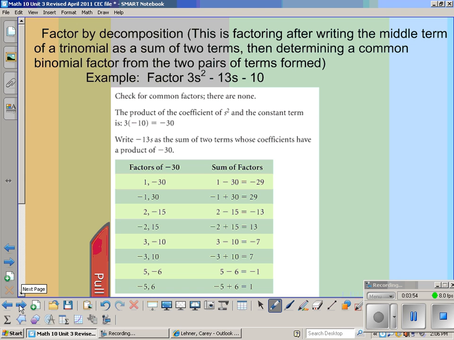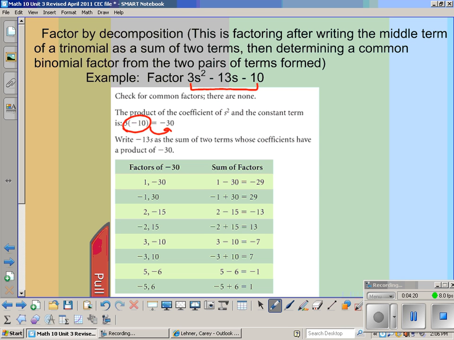Decomposition. This is factoring after writing the middle term of a trinomial as the sum of two terms, then determining a common binomial factor. So let's say we have 3s squared minus 13s minus 10. What we want to do is first of all find the product of the first term and the last term. So right here, 3 times negative 10 is negative 30.